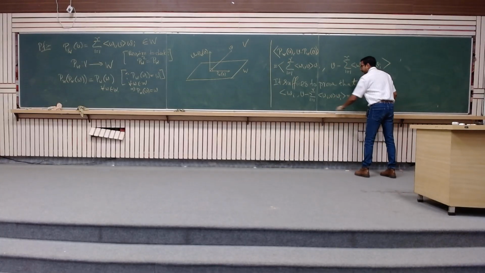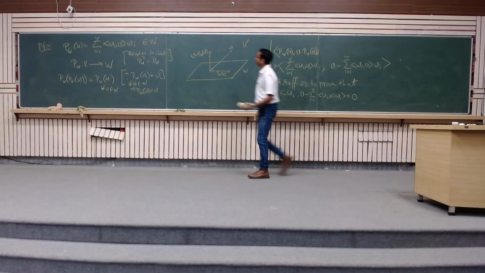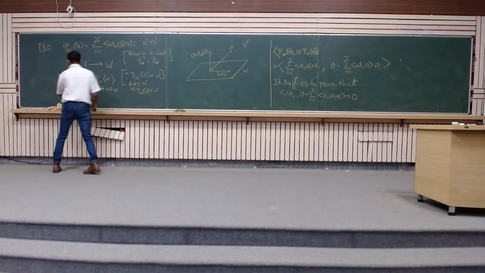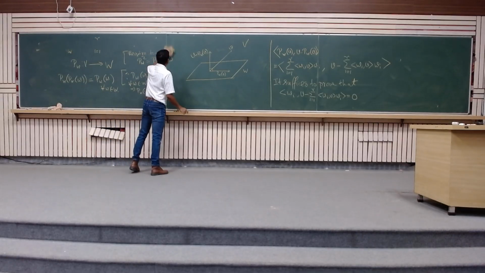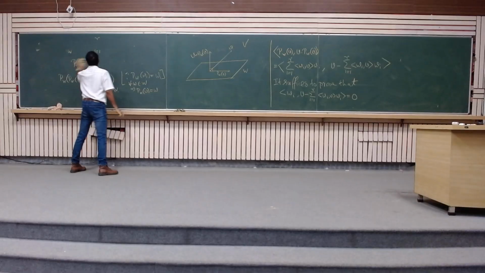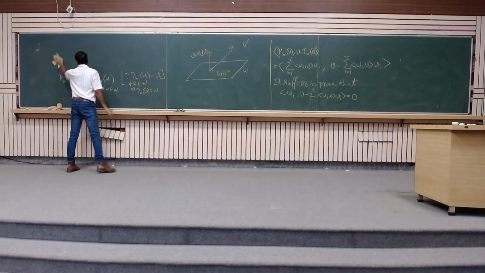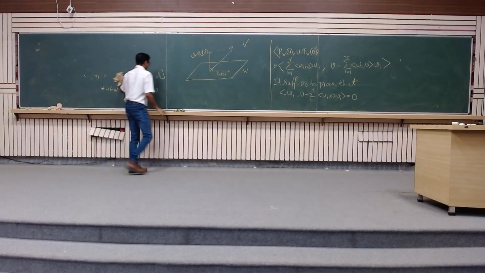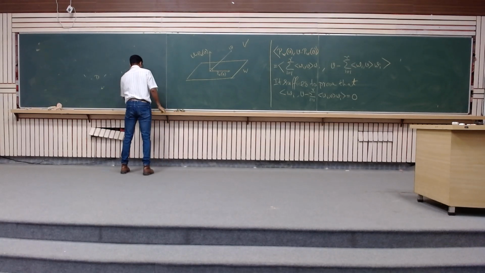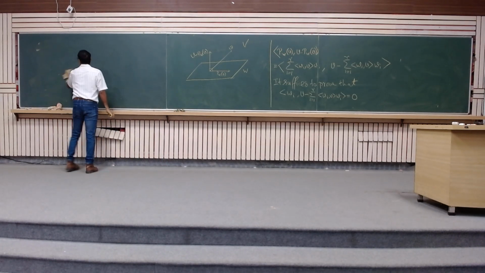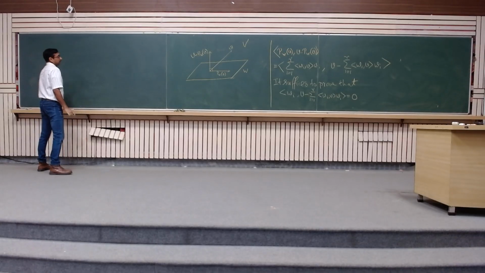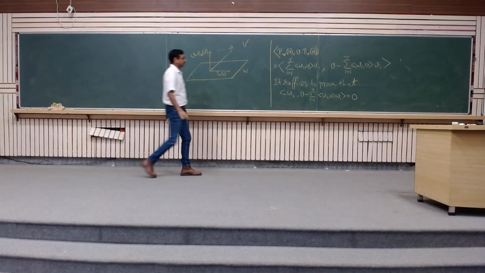So how do we show this? It's exactly the way we did the last theorem. This is an orthogonal basis, so the inner product will kill everything except that i, right?